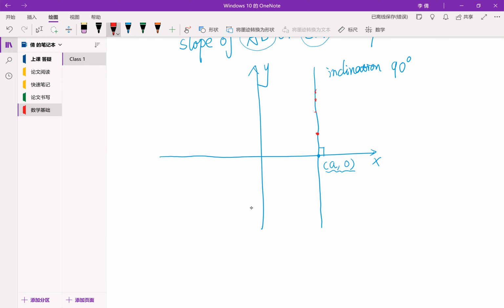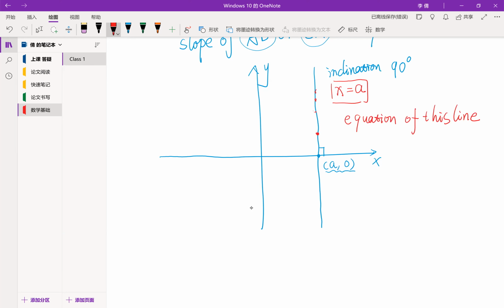So the equation of this vertical line is x equal to A. This is the equation of this line.